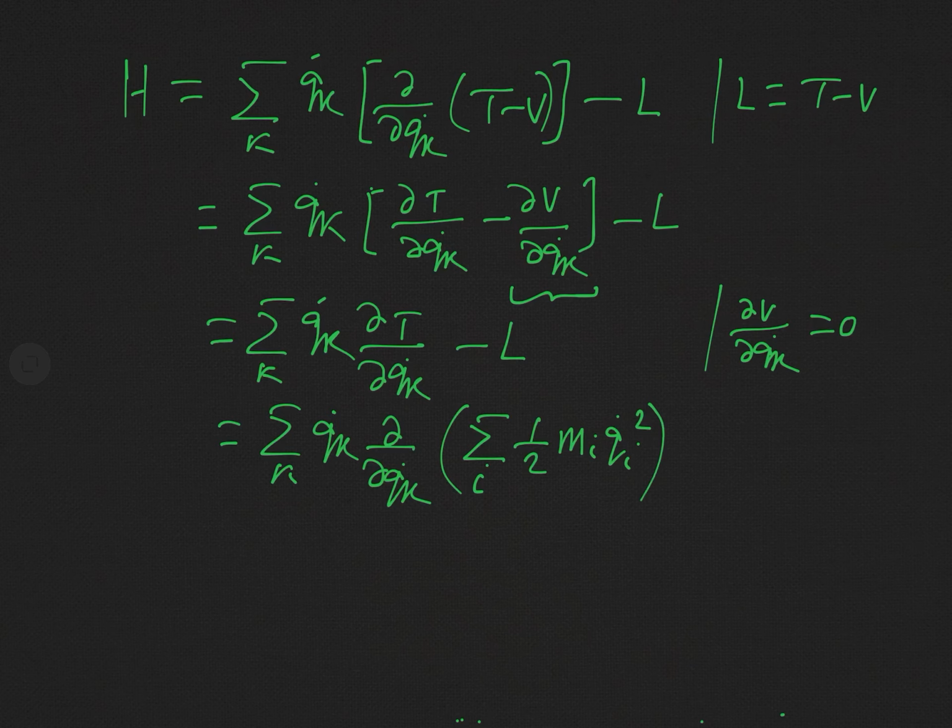This will run from 1 to n if n is the number of particles in the system, and minus L. And you can see from here that this will be summation over k, half mk q̇k square minus L. I have written the limits for summation here by the index i, but you may change it to k.